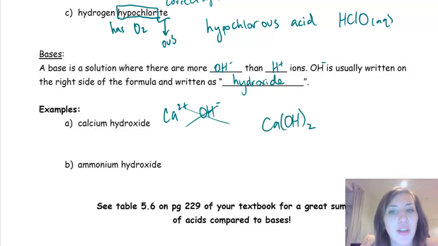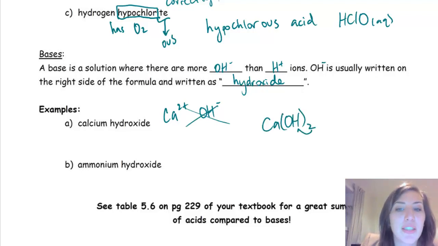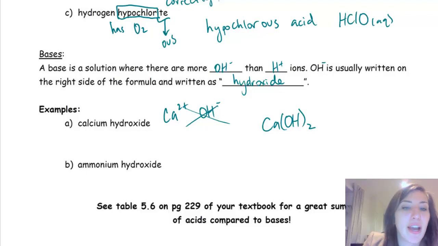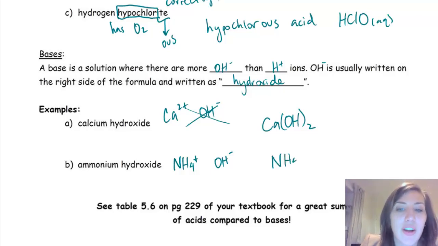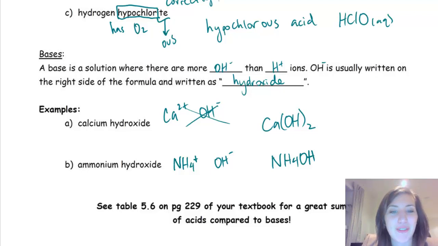Now I put the brackets around the OH because the 2 must apply to this whole thing, the O and the H. All right, ammonium hydroxide, ammonium NH4 plus, hydroxide OH minus, both of them are 1, switcheroo the ones, NH4OH. Beautiful.